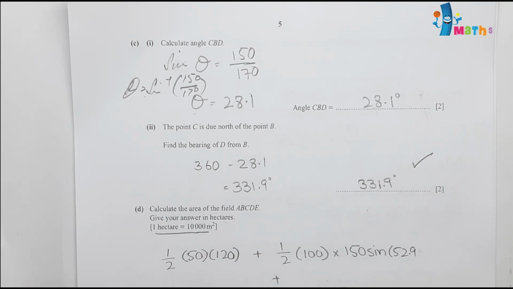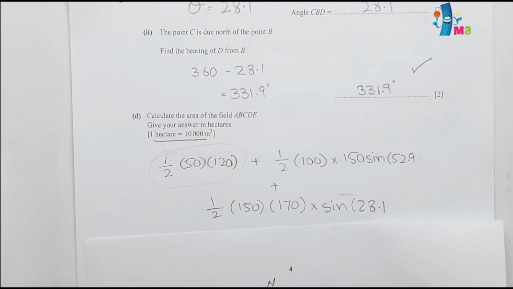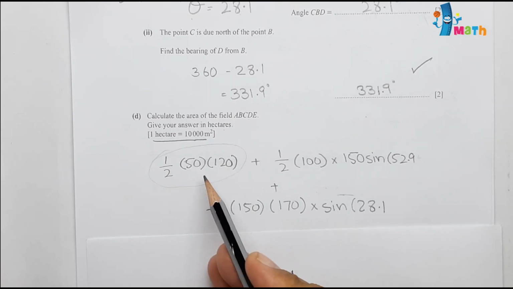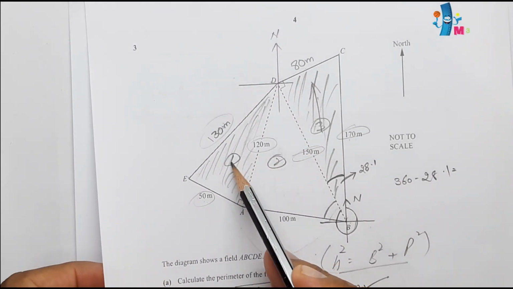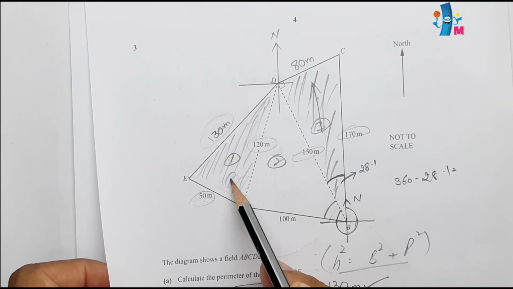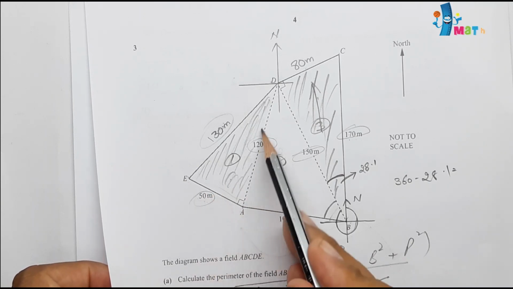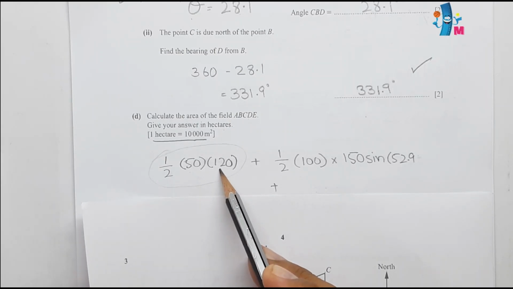This portion is for triangle 1. Base is 50, height is 120. So half into base into height.